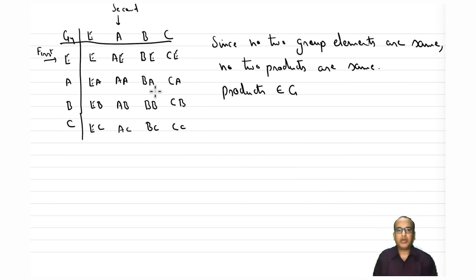So all these products must belong to either of this E, A, B, C, but none of these products should be repeated. So for example, in any particular row or any particular column, all the products should be unique, right? Because all the group elements are different, their products should also be different. So this leads to something called the rearrangement theorem.